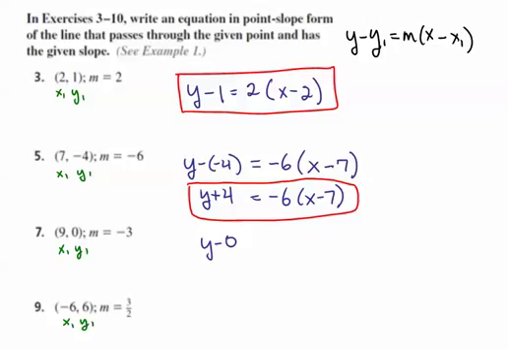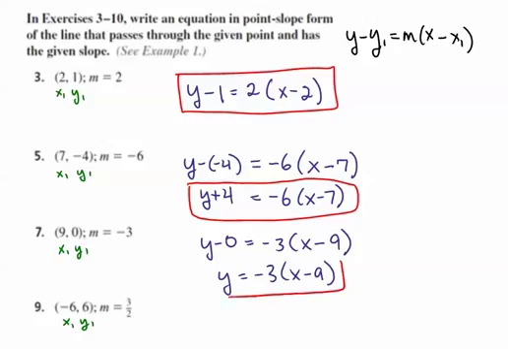And y minus 0 is equal to negative 3 times x minus x1, which is 9. Now the only thing I'd simplify here is that y minus 0 is simply y, equal to negative 3 times x minus 9. And we're done with the third example here.